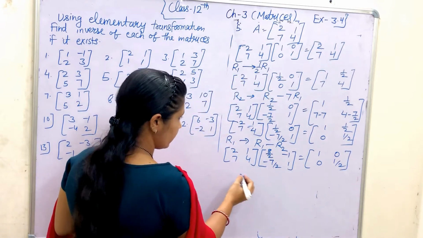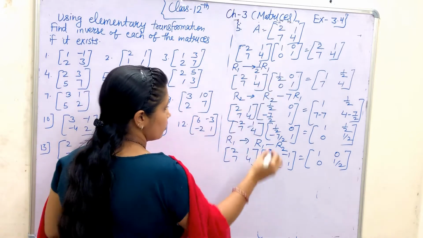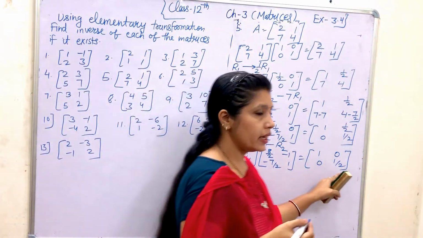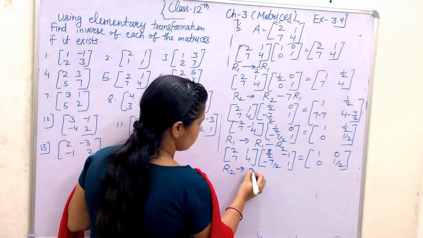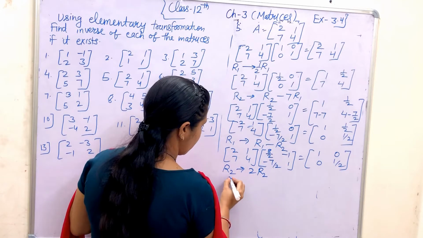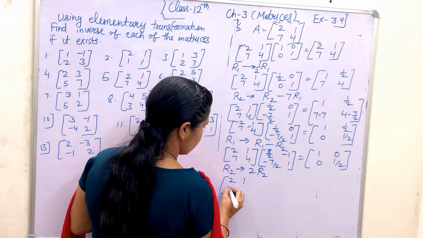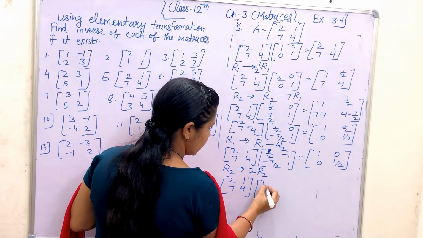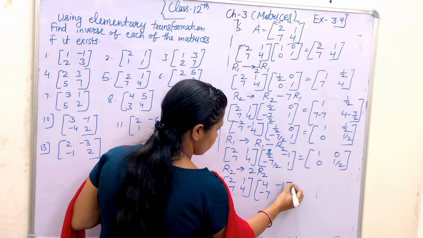Now we know that A2 entry should be 1. For making it 1, we will multiply our second row by 2. We get here R2 as 2 R2. We are applying our elementary transformation on R2. 2, 1, 7, 4. 8 by 2 that is 4, minus 1, minus 7, 2.